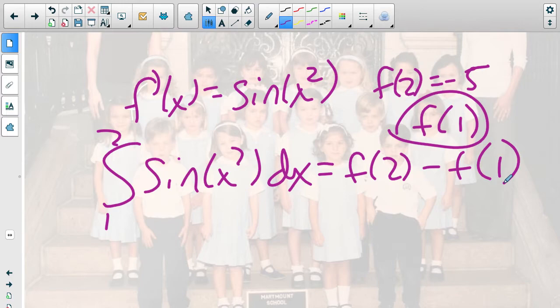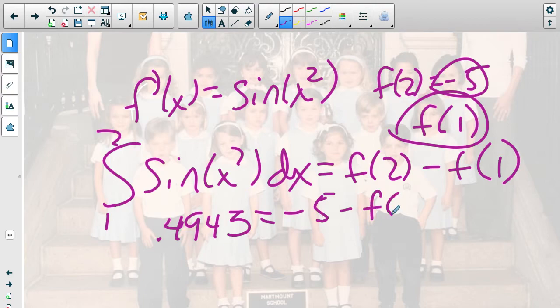What'd you get? 0.4? All right, did anybody get... whoa, what'd you get? Okay, so it's positive 0.4945. All right, and then f of 2 is negative 5 minus f of 1.